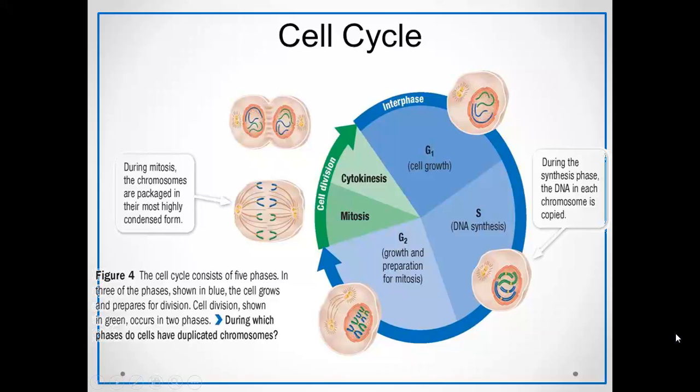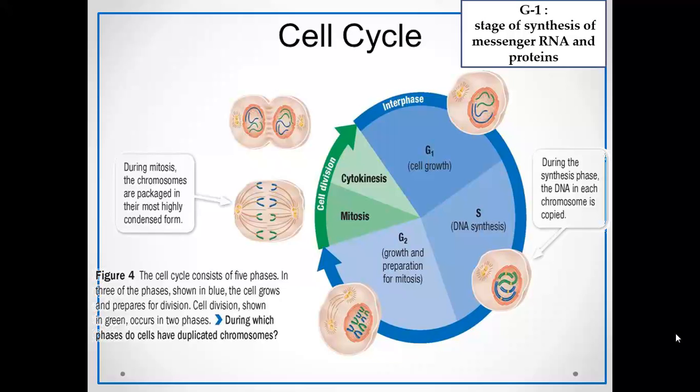Then it enters the G2 phase, which gets the cell ready to divide by mitosis. After mitosis occurs, the chromosomes align in two lines, and each cell buds out of the original cell and becomes two cells.